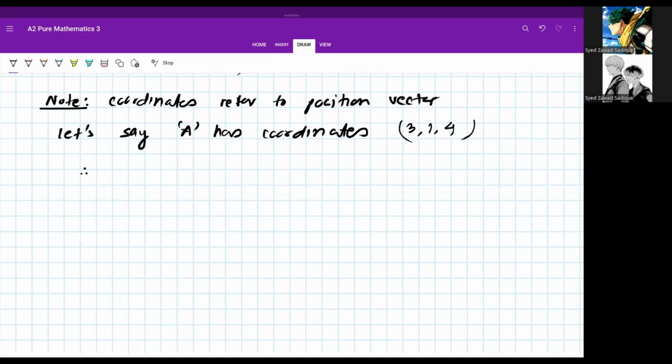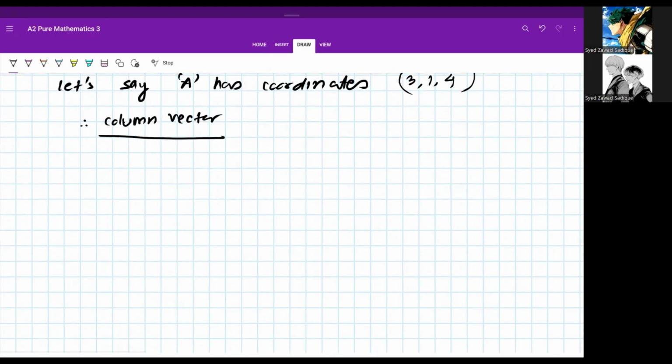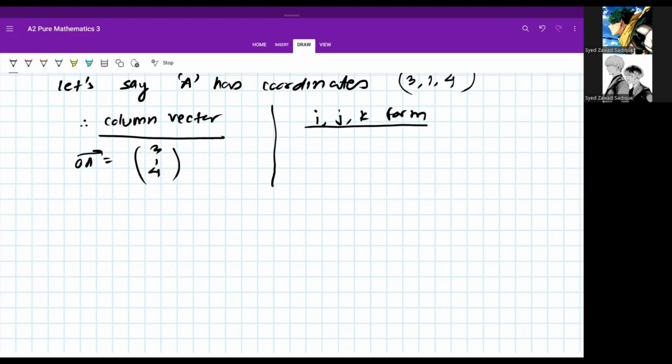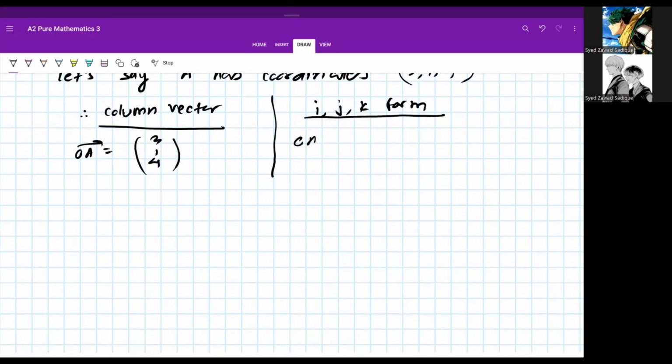Therefore, in column vector form, we can write OA is equal to (3, 1, 4). And in ijk form, we can say OA is equal to 3i plus j plus 4k.